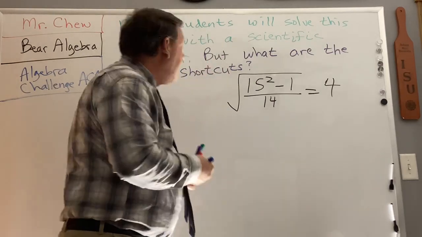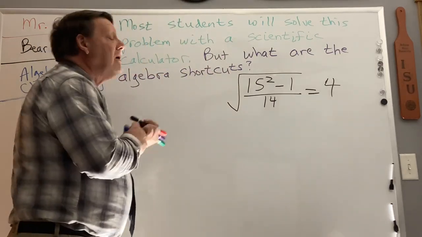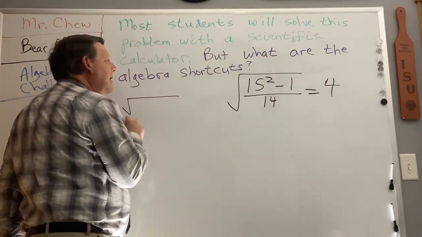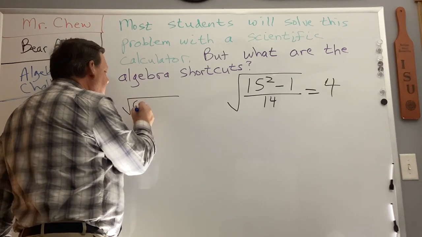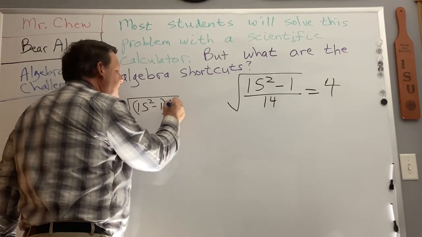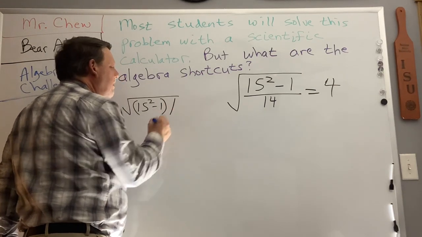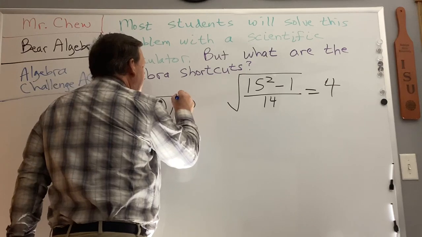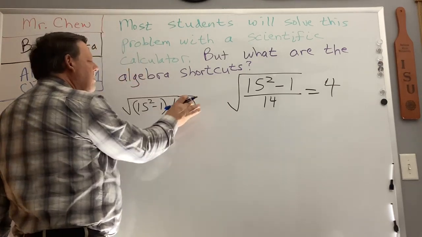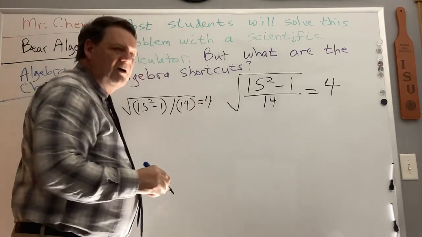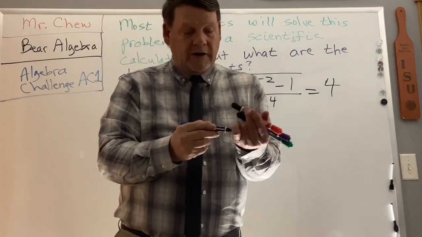Whenever you're entering this in this calculator, you have to make sure that you hit the square root key, and then you have to use parentheses: 15 squared minus 1, parentheses, then you use the division bar, and then I always use parentheses around 14 in case you had an operation there. You probably wouldn't have to do that, and when you do it, you'll see it equals 4.